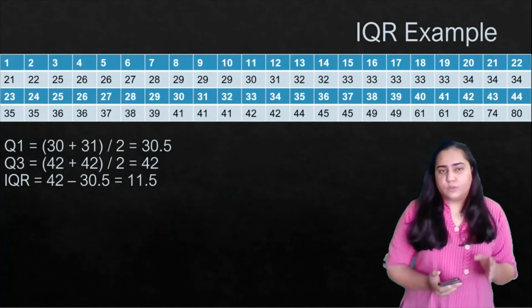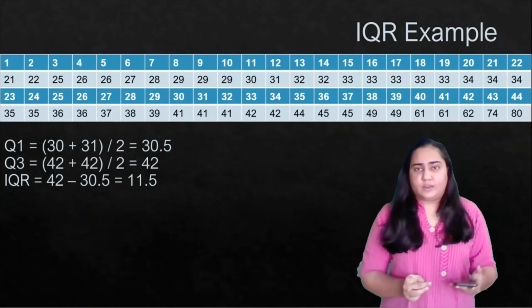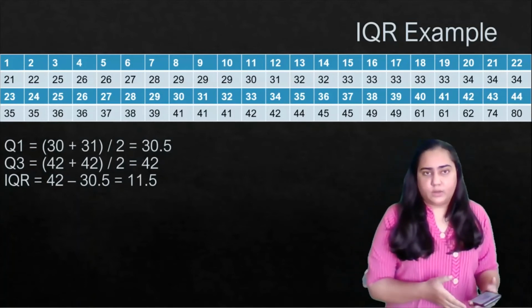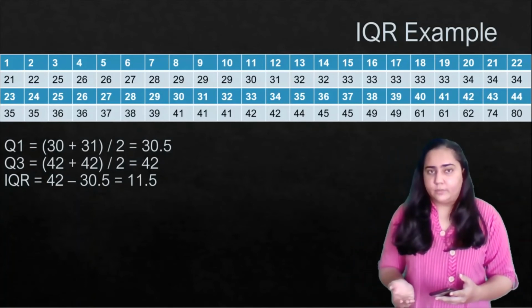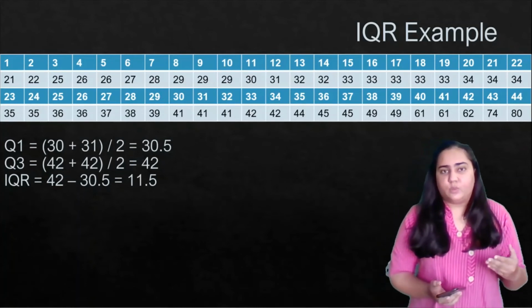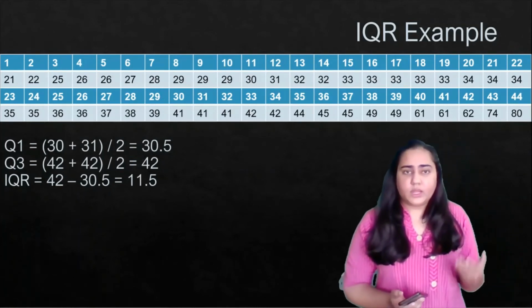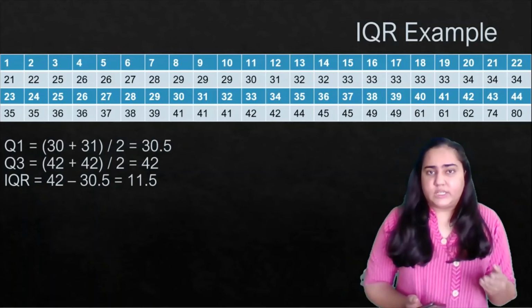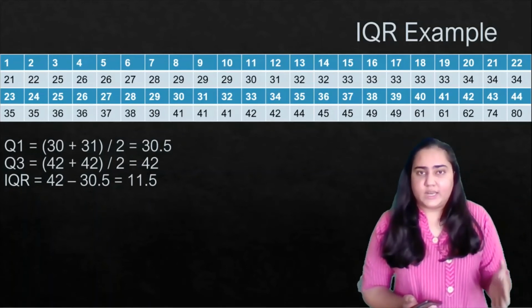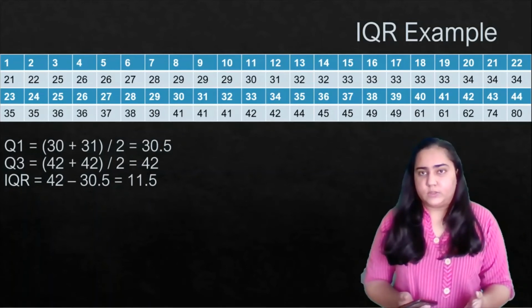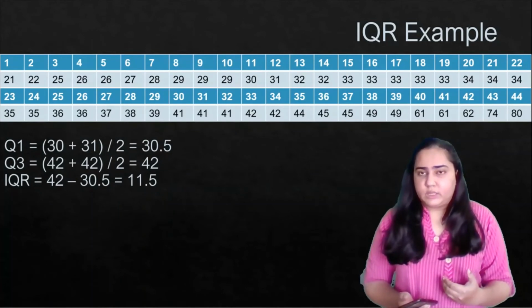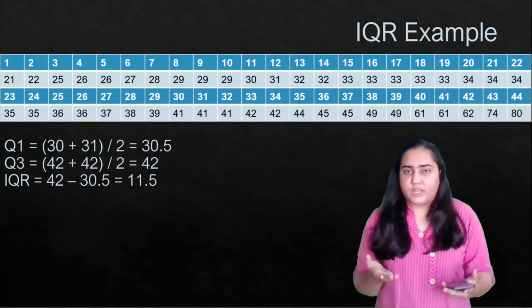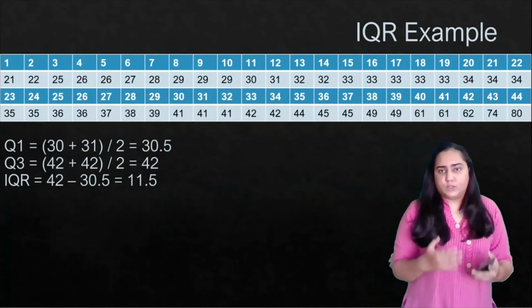Once I find those two values, I can then find my quartile 1 and quartile 3. To find the median, I would have to divide this data into two parts.